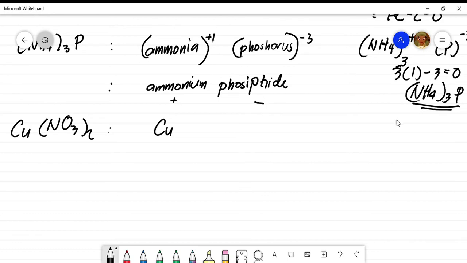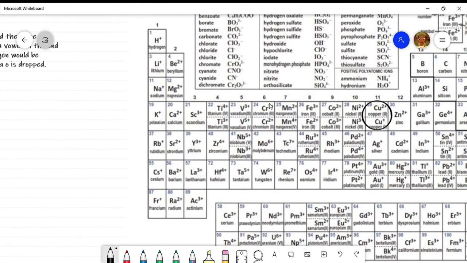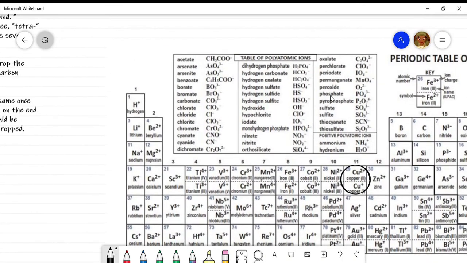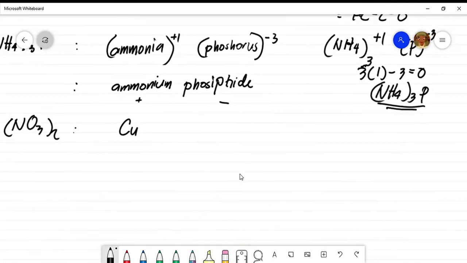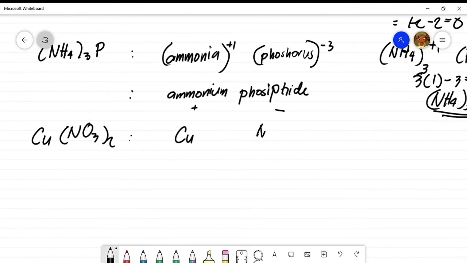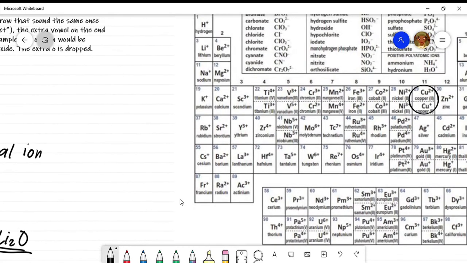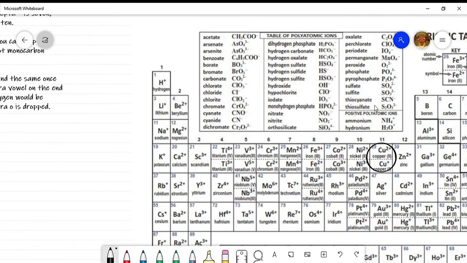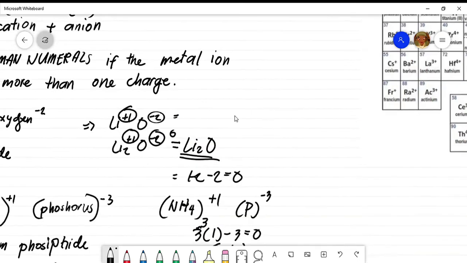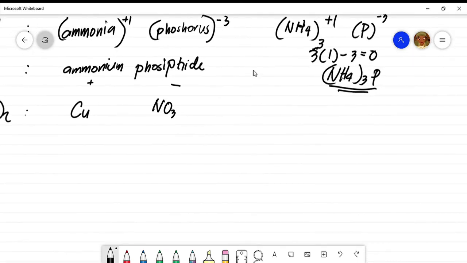This is nitrate, and nitrate is an ion. Let's check: nitrate, NO3, is charged negatively, -1. And copper can be either +2 or +1.